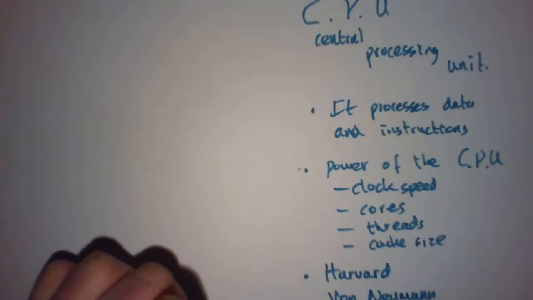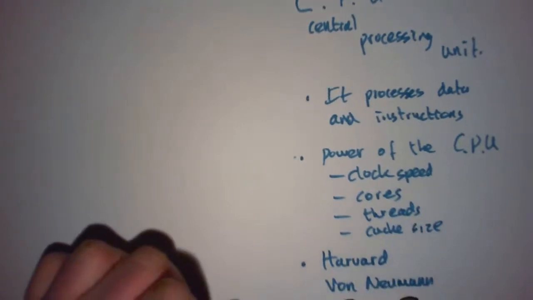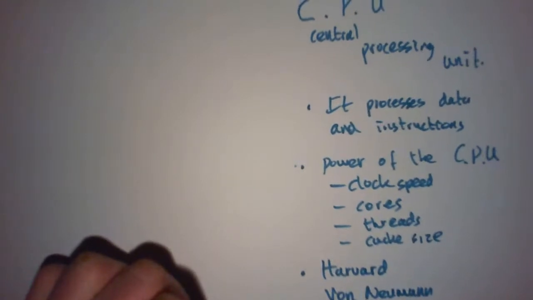He's the man that's on the course. I have talked to you in class about the Harvard model briefly, but the von Neumann model is the one that is used. It's the de rigueur one, the one that everyone uses. So that's the one we're going to talk about, and we'll see how we go with it.